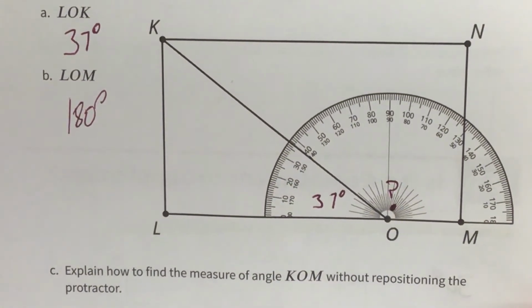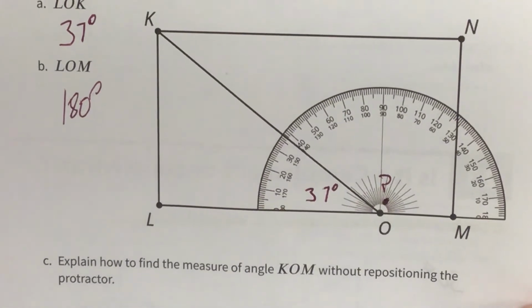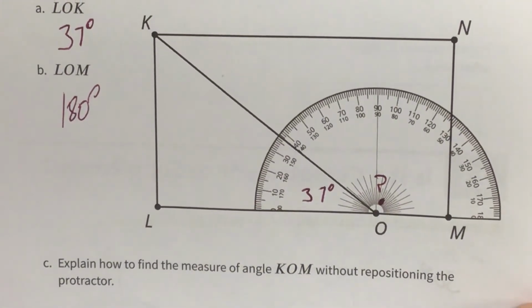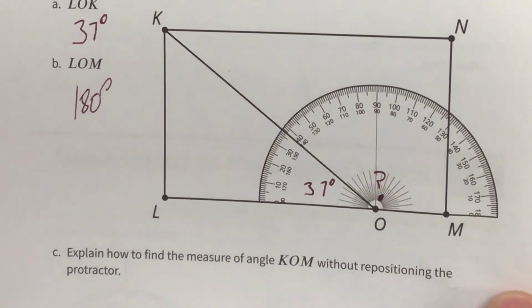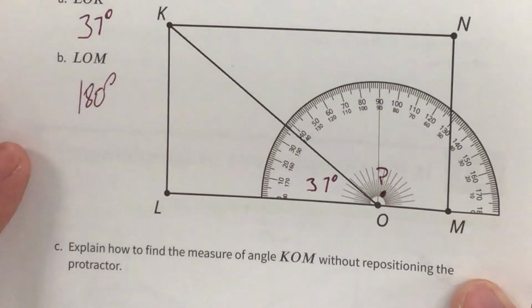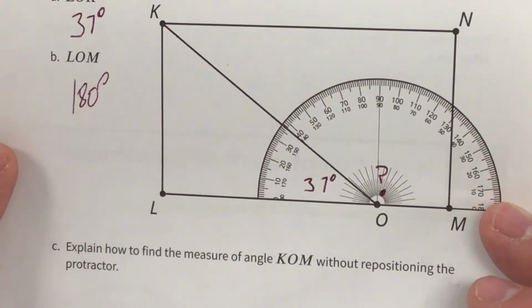How can I get that without measuring? Jared: Do you add 37 degrees to 180 degrees? So you think it'll be 207? Yeah, no, 217. That's what I got. Okay, that is incorrect. You're on the right track.